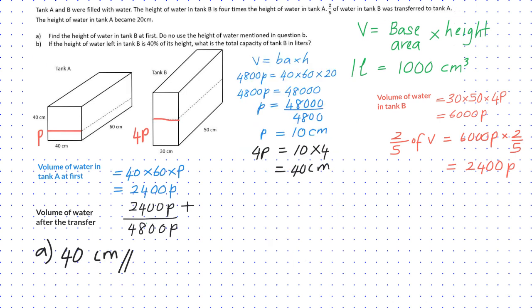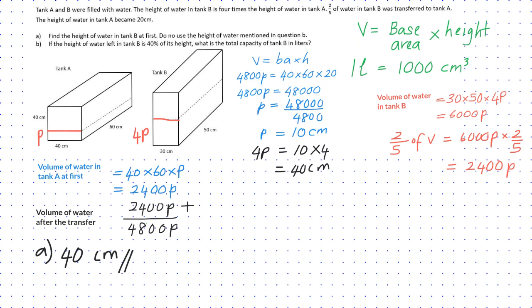Okay, so question B is, if the height of water left in tank B is 40% of its height, what is the total capacity of tank B in liters? So to find the height of water in tank B after the transfer, we need to find the volume of water that is left.